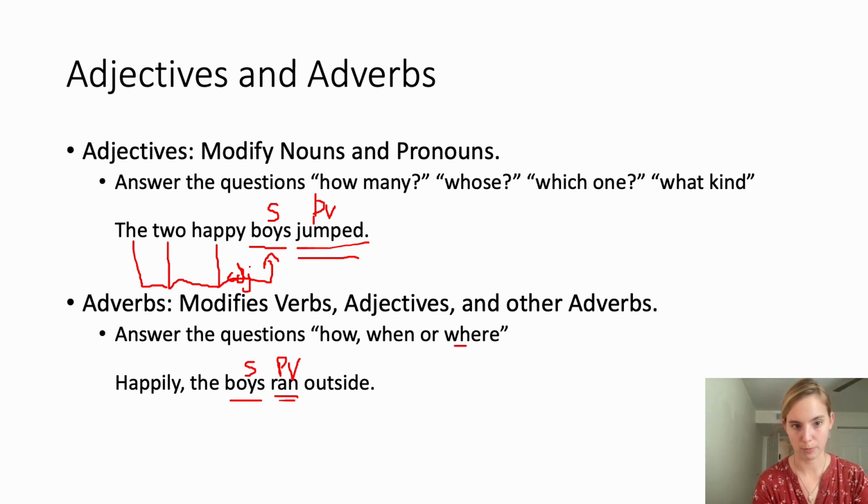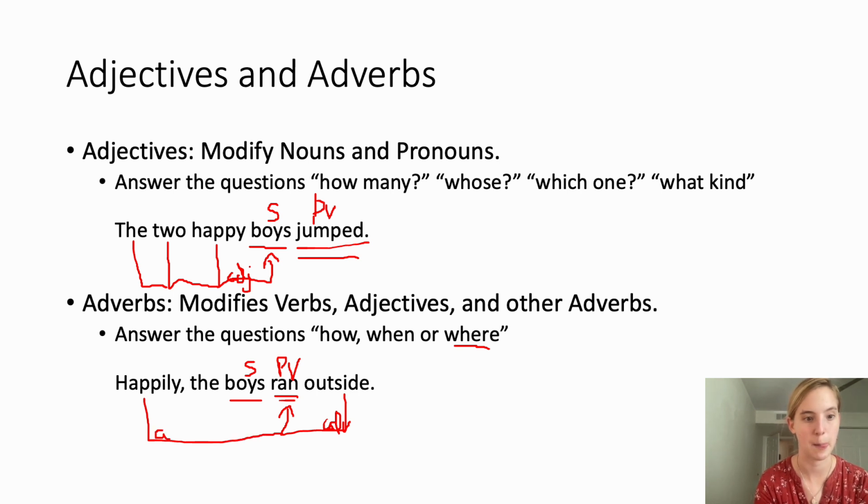Notice that I've used the question where. Well, they ran outside. So this tells you more about the verb ran. And in the corner, I write ADV. ADV for adverb. And then how did they run? Well, they happily ran. So I would connect these 2 together to be an adverb. ADV.